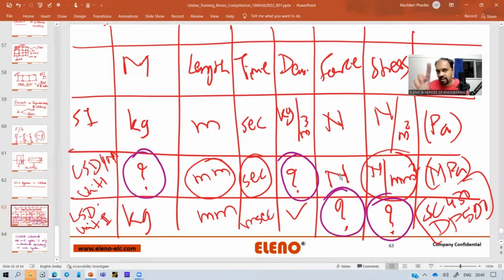Okay, that's the question. The next question will be, if my mass is in kilogram, length is in millimeter, time is in millisecond, what will be the force value, which is a consistent force value for the given input, and what will be the consistent stress value for the given system? Is that making sense, guys?